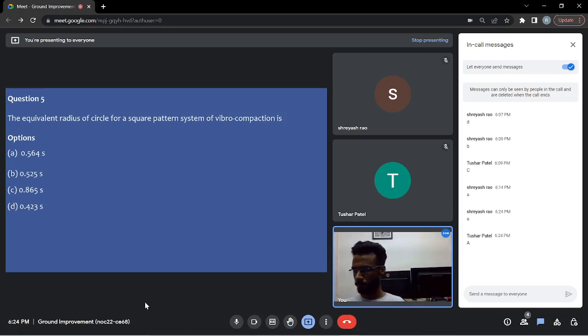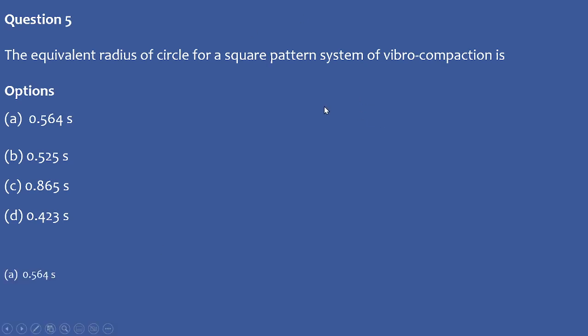Okay. Yeah, so the answer is 0.564 s. To see better how it is derived, for example, this is a grid and these are the points where we are having the vibro compaction.